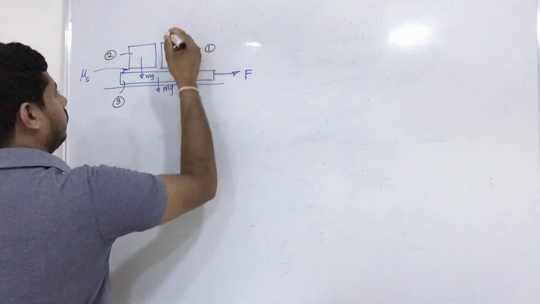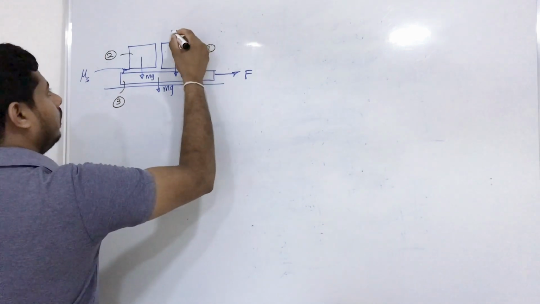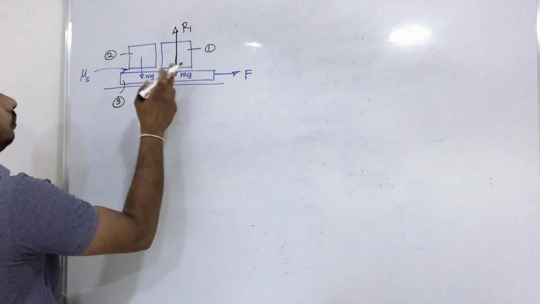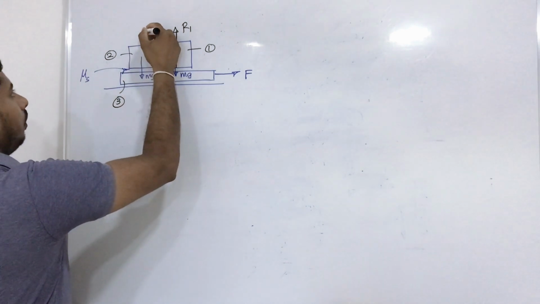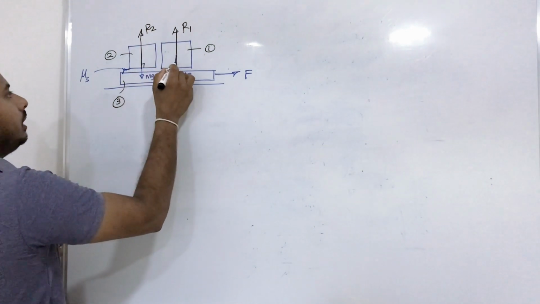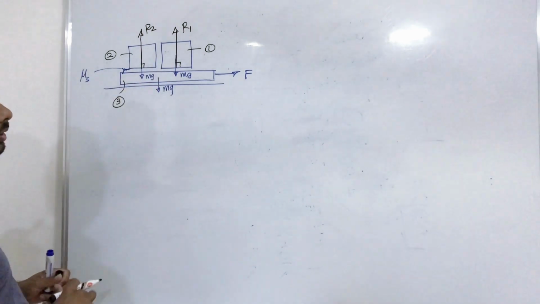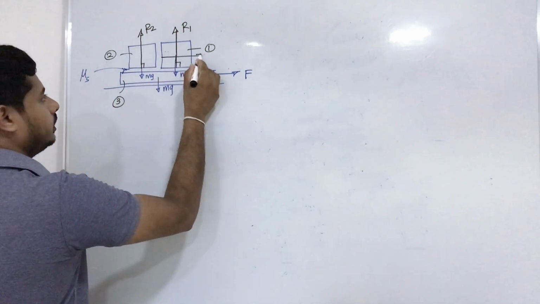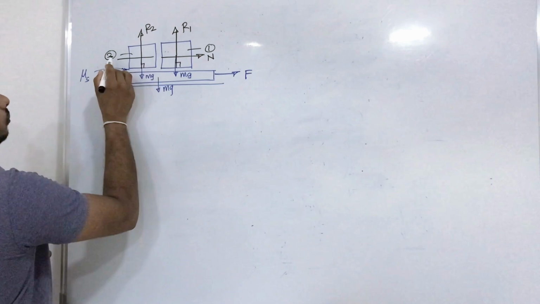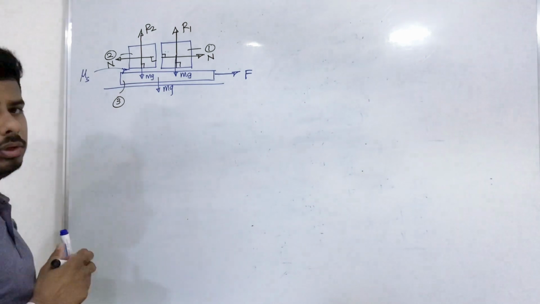There will be a reaction force from the third box on the first one, which we will mark as R1, and a reaction force from box 3 on box 2 like this way, which will be R2. Both of these will be perpendicular. There is also contact between boxes 1 and 2, so there should be reaction forces. We will mark that one as N, and the same force N will be in this direction. This will be perpendicular to the surface.